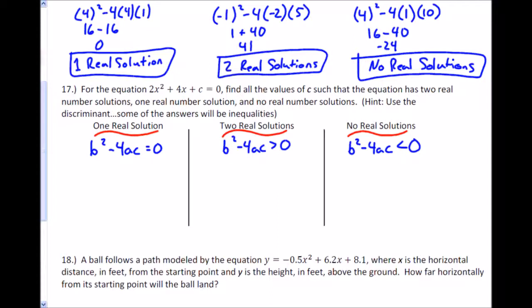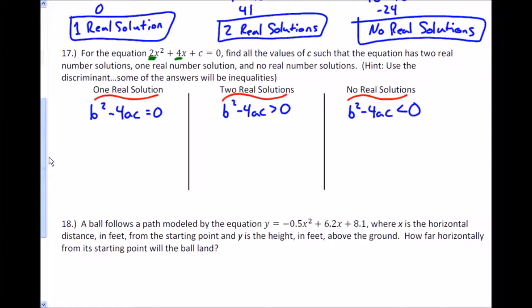Well, look at the equation that we have. We're given the b values and the a values. Here the a is 2 and the b is 4. So all I'm going to do is plug a and b in. So I've got 4 squared minus 4 times a, which is 2, times c equals 0. And I'm just going to solve this for c.